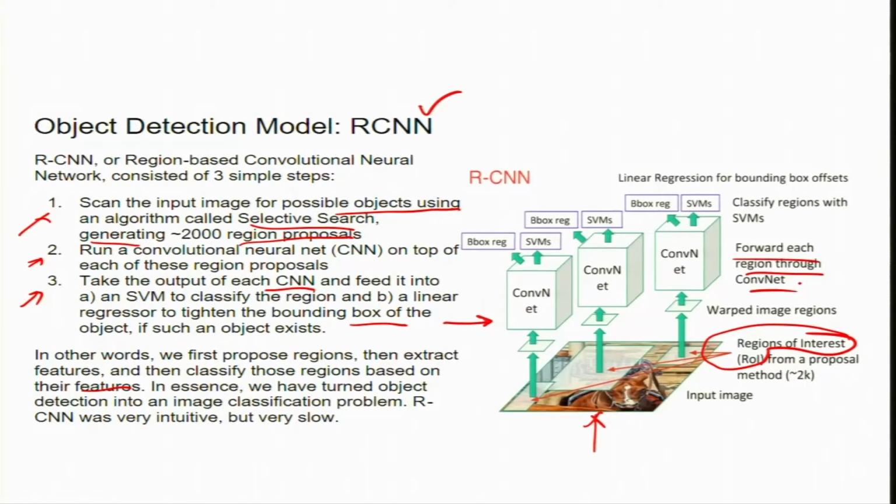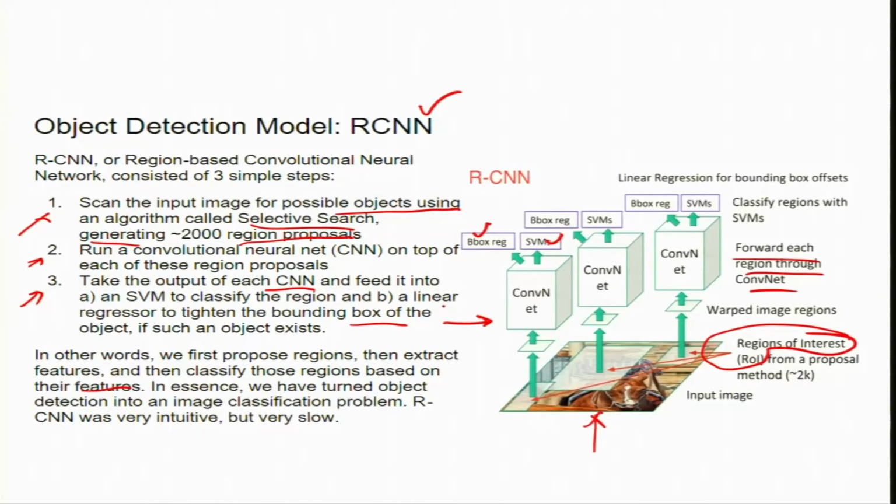Now, this is a duplication: if the image has many objects, so many convolutional neural networks will run, and then the output of each requires a classifier, whether it is an SVM classifier, and the SVM classifier will classify whether it is a cat or a dog, and then where that particular object lies in the image.